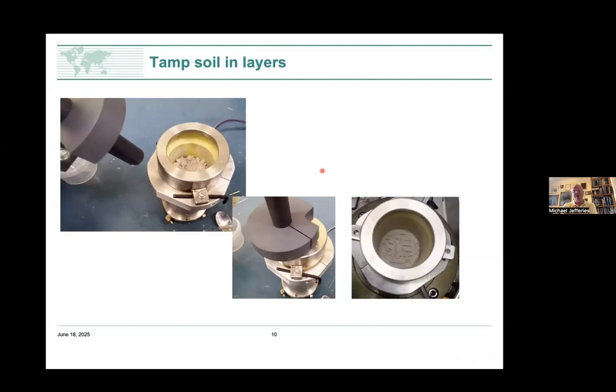These are quite well described in the literature, and each technique can produce a range of void ratios. So in this one here, the moist tamping I'm showing you, I can vary the void ratio by changing the compaction effort. And you'll notice the compactor here, we put a stopper on it, so we can control how much we compact, and then the next layer we move the stopper, and we do it in a very controlled manner.